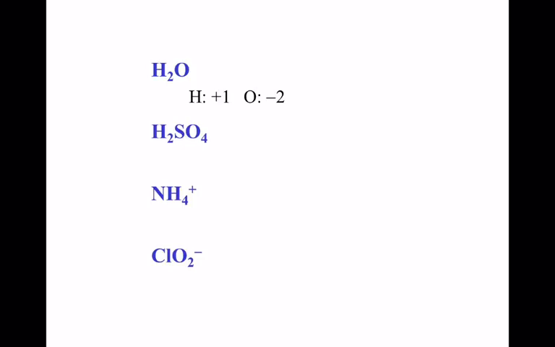So the next one, let's do it together, kind of like we did the ammonium. We don't know sulfur, so I'm going to put a question mark over sulfur. What are the hydrogens? They're each +1, perfect. And oxygens are each -2. If you think of it like a little math problem, we have 2 times +1, plus question mark, plus 4 times -2 is neutral.